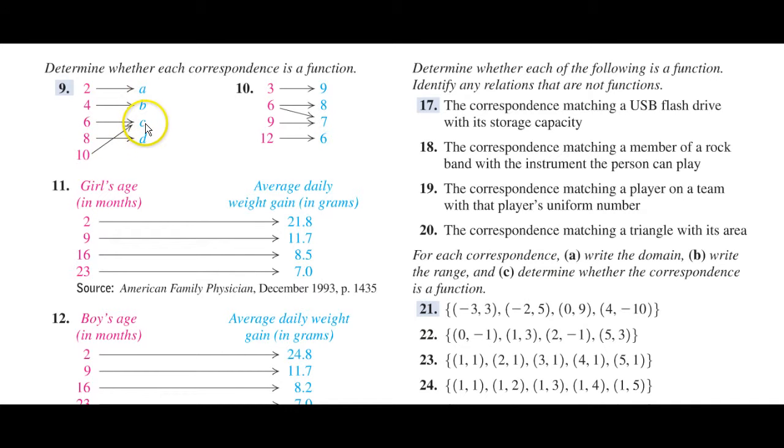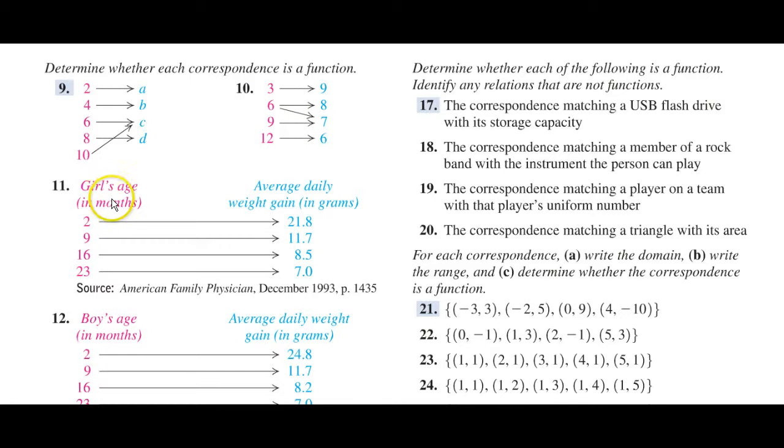Now, even though the c is used twice, that's okay. The x element's only used once. So this is a function. Now, in number 10, notice there are 2 lines coming from 6. So the 6 is used twice. This is not a function.